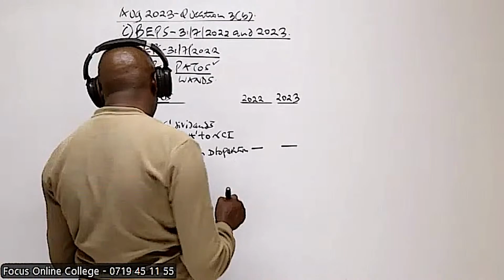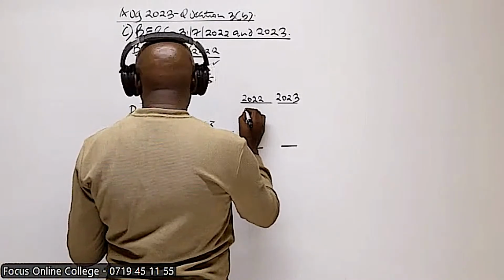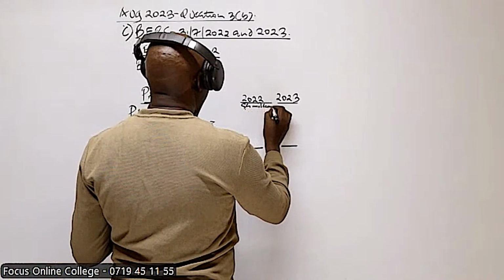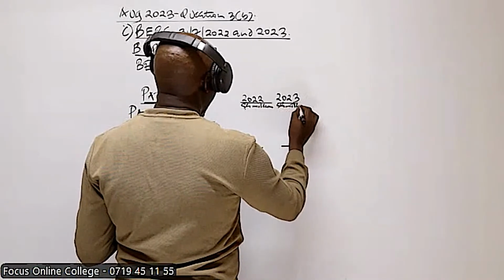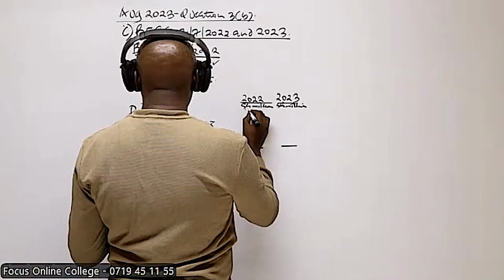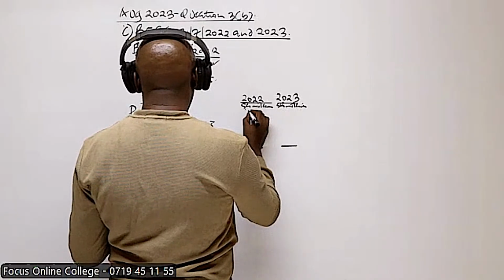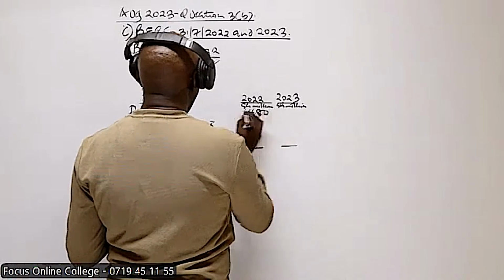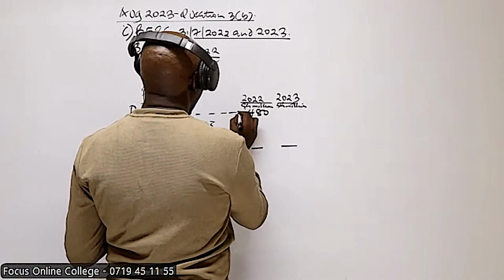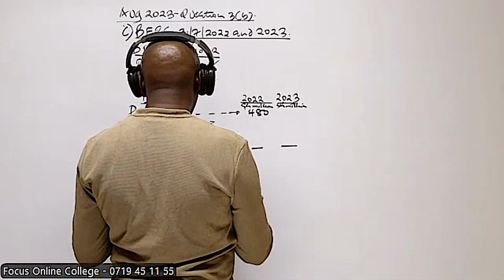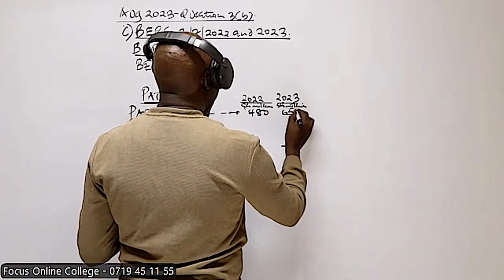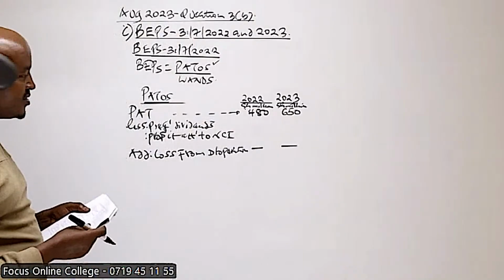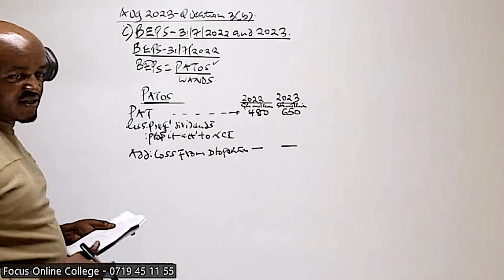We start with that of 2022, and it's also important for us to note here that our figures are in millions of shillings. For 2022 is 480 million. For 2023 is 650 million. Understand? Yes. So then to that we less the preference dividend.